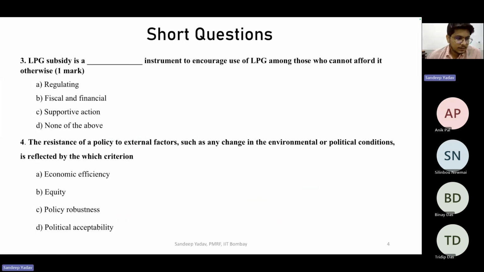Now moving to question number 3: an LPG subsidy is an instrument to encourage use of LPG among those who can't afford it otherwise. So it is a fiscal and financial instrument.